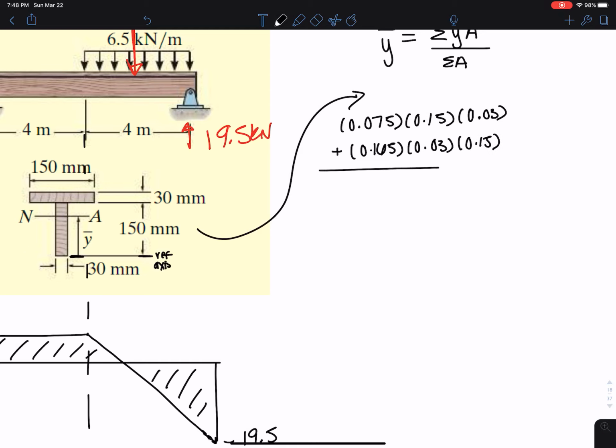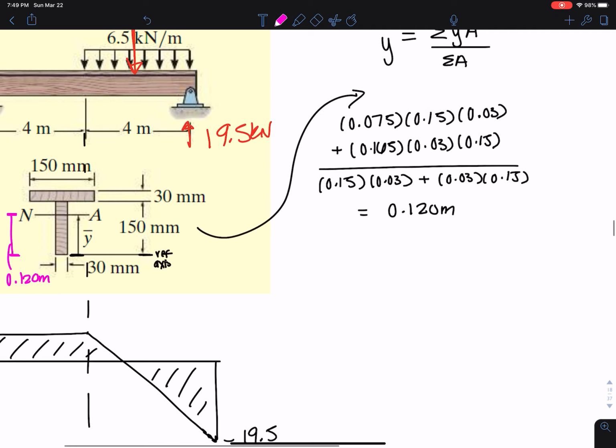That's divided by just the area, so 0.15 times 0.03, the top of the T shape, plus 0.03 times 0.15, the bottom of the T shape, and we get 0.120 meters. So this location here is 0.120 meters. It makes sense because it is below this 150, and it has to be somewhere there, but closer to the top because that's where most of the area is.